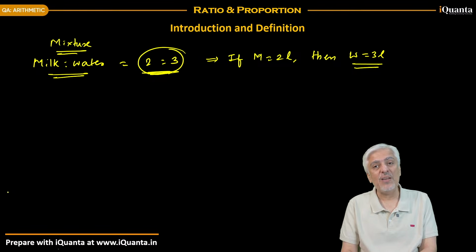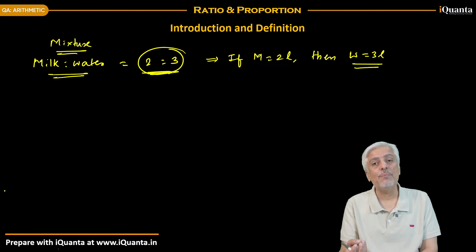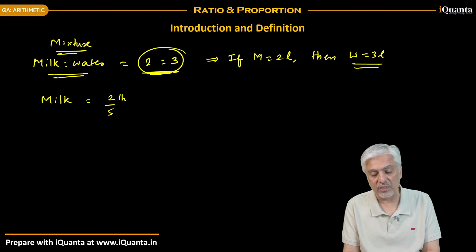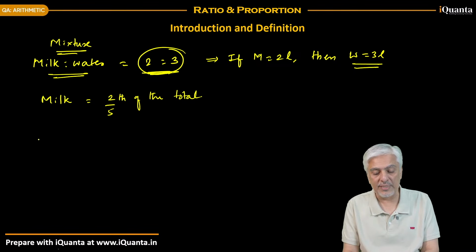But if I want to know, if I have the whole quantity, what is the percentage of milk, or the fraction of milk? Milk is 2/5 of the total, and the fraction of the water will be 3/5 of the total.